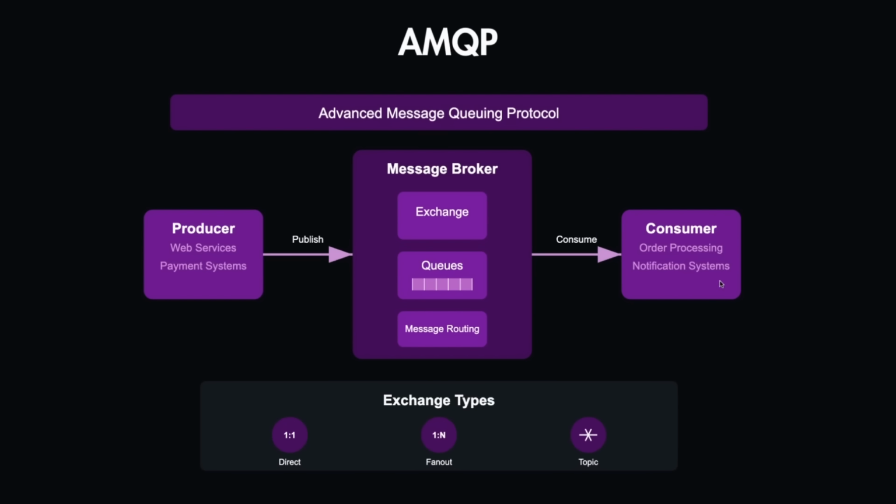And whenever this consumer is busy with some other tasks, it leaves the message in the queue. And then later on, whenever it has some free capacity, it will pull the message and start updating the data. And when it comes to exchange types, you have direct one-on-one exchange or fan-out or topic-based communication. And we will explore these more when we come to the message queuing section.